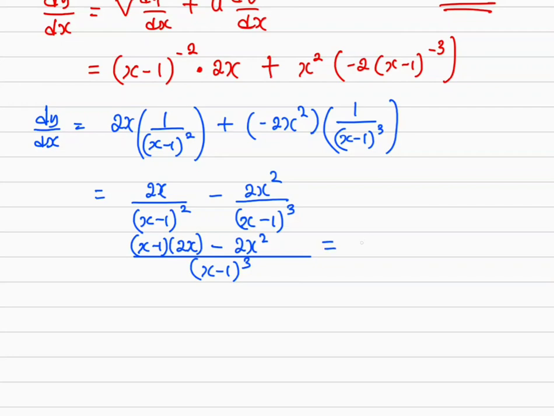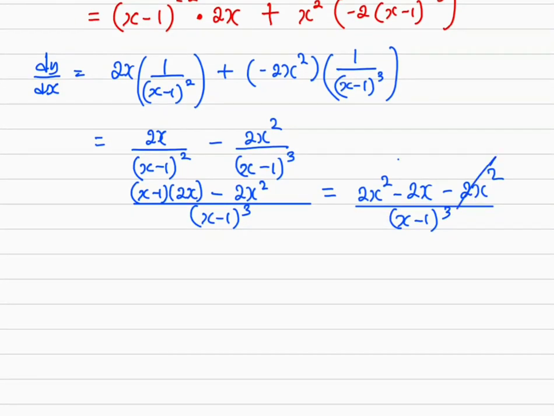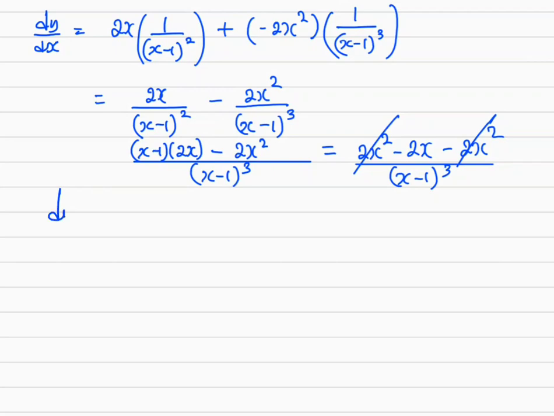When we expand the bracket, we have 2x squared minus 2x minus 2x squared, all over (x minus 1) cubed. So we can see that this will cancel this, and my dy by dx will be equal to minus 2x all over (x minus 1) raised to power 3.